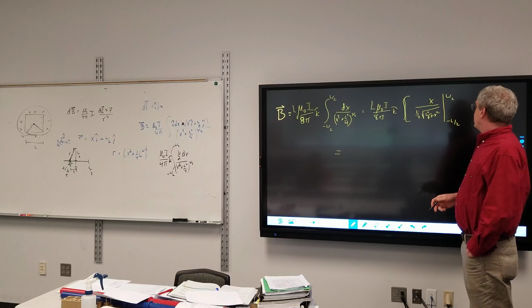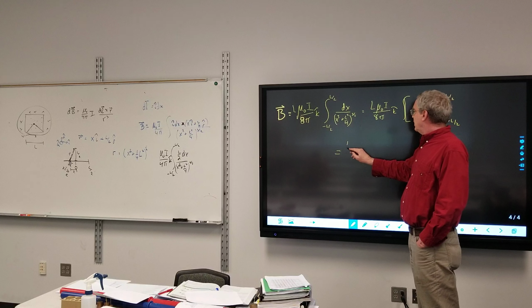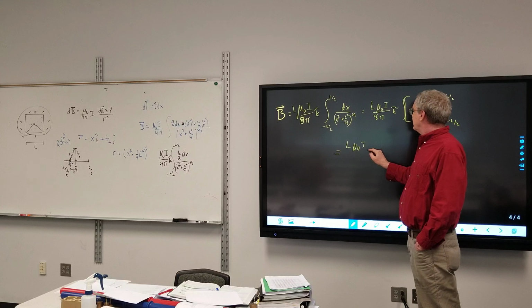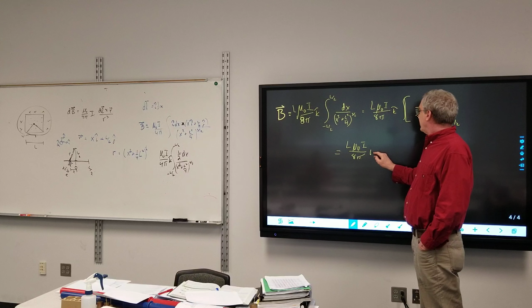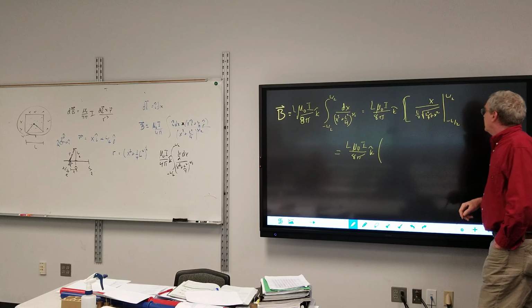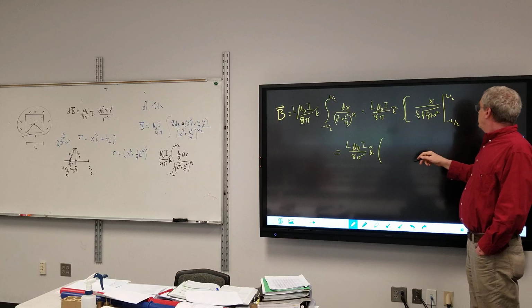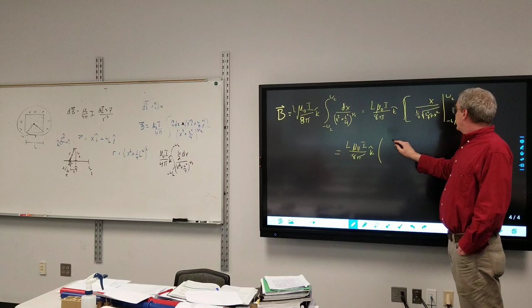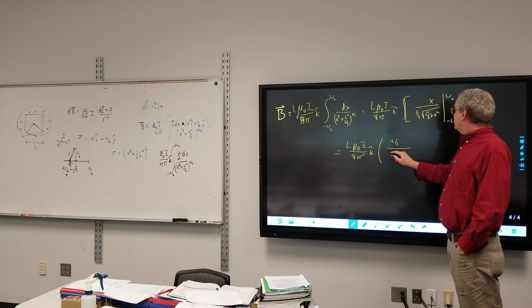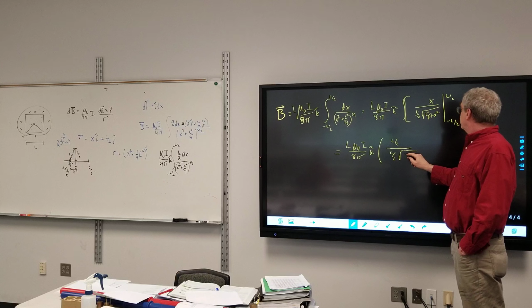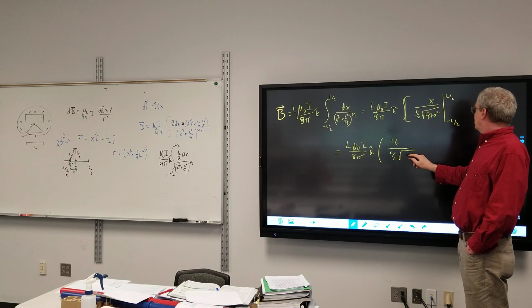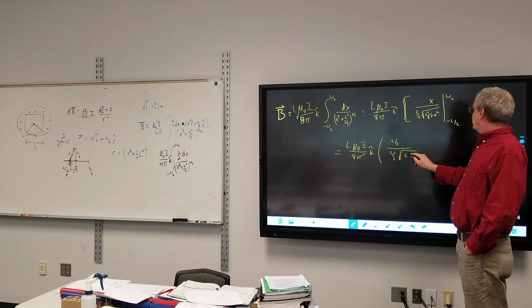Then plug and chug. So we got L mu naught I over 8 pi k hat times, I plug in L over 2, and so I get L over 2 over the square root of what'll end up being L squared over 2, under the radical there.